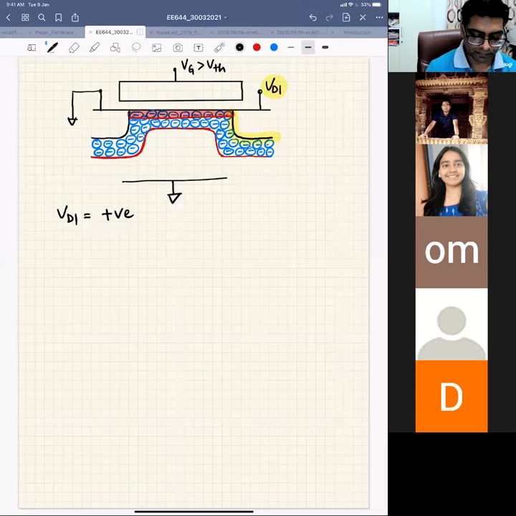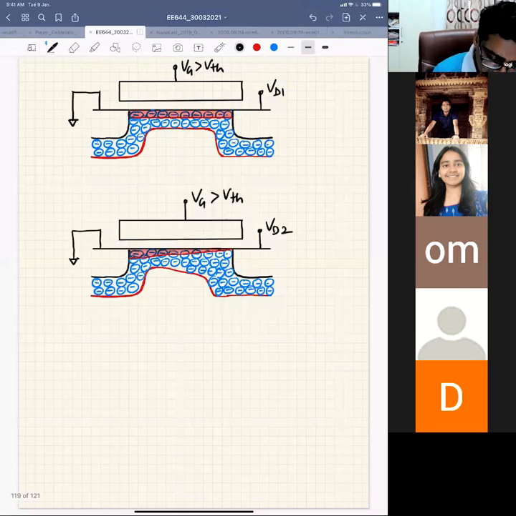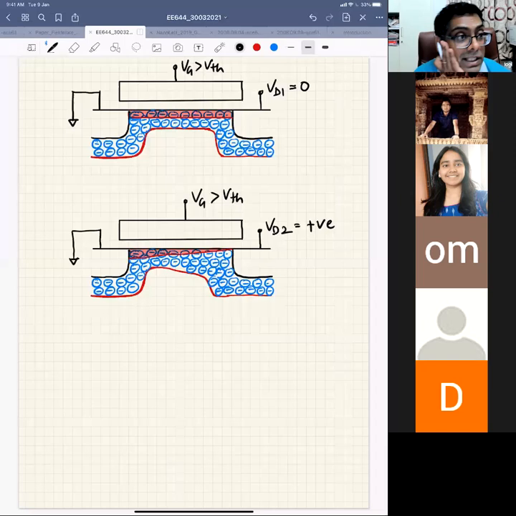Let's say in the beginning VD1 is 0, so your depletion layer is like this and your inversion layer is uniform. Then if I apply VD2, some positive value, your drain side depletion width will increase.